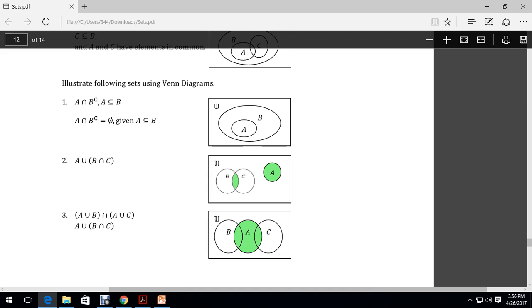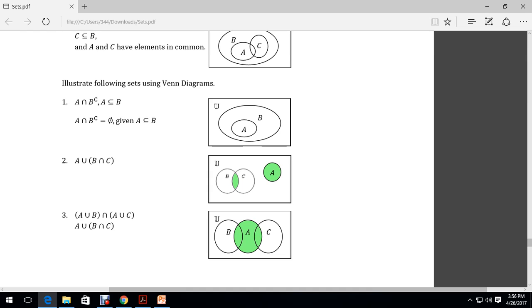As for the shaded portion, the shaded portion are those elements that represent the answer for what is asked in the illustration.